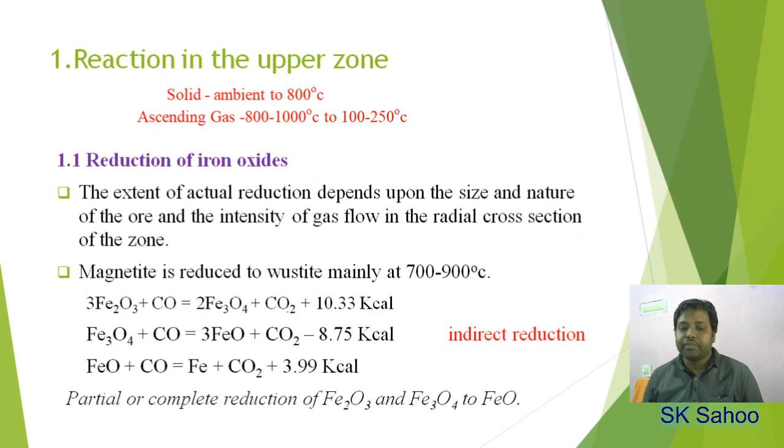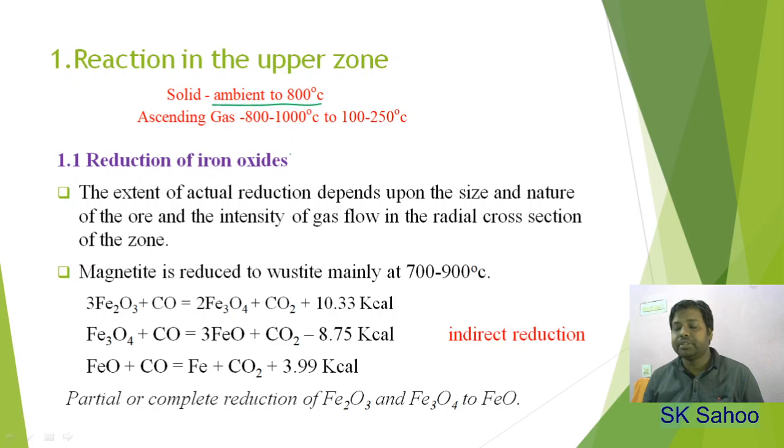First of all, let's talk about the reactions in the top part, that is the upper zone of the blast furnace. There is always a difference between the solid temperature and the gas temperature. Gas is always higher than the solid temperature. The solid temperature is ambient to 800 degrees centigrade.